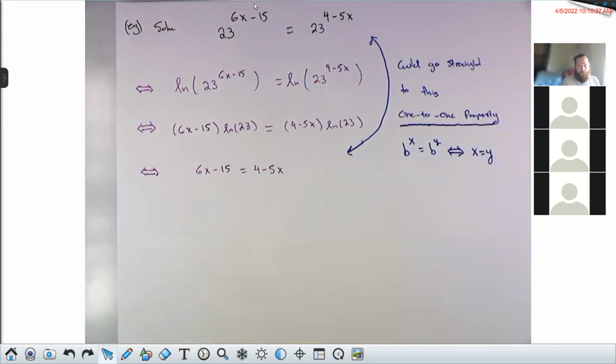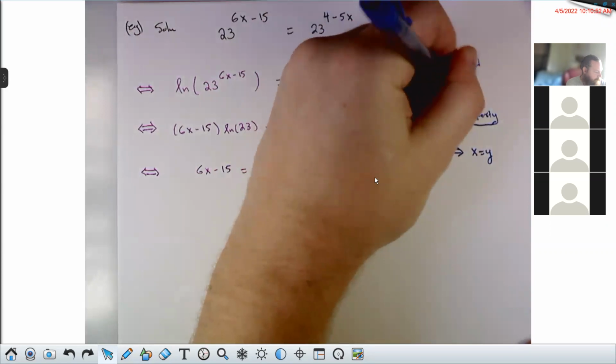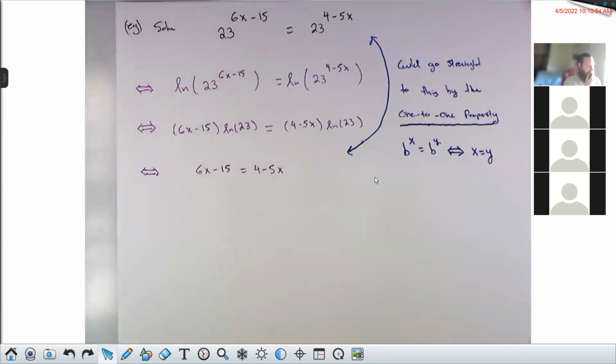So 23 to some stuff equals 23 to some other stuff means that the two have to be the same. Right, so for certain exponential equations, this can be a really fast path to solve them.